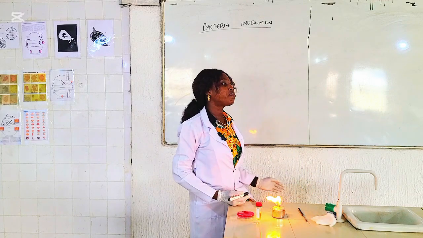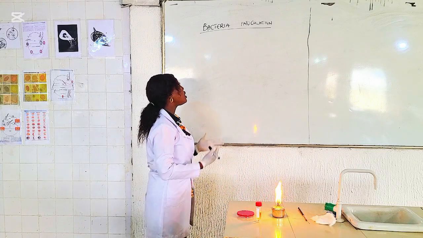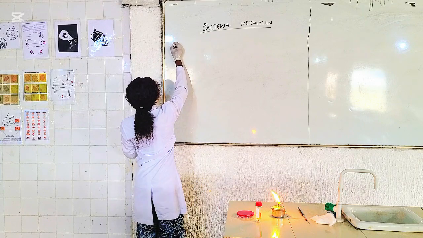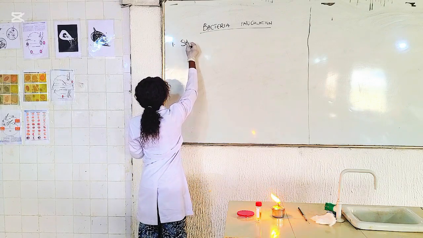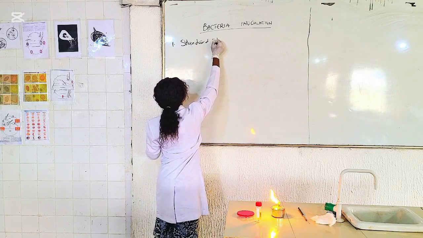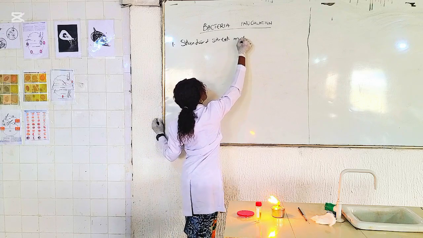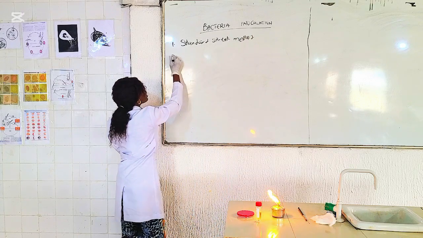So, there are several ways in which you can inoculate or culture microorganisms. The first is known as standard streak. There are several methods, and we'll be dwelling on standard streak for today.